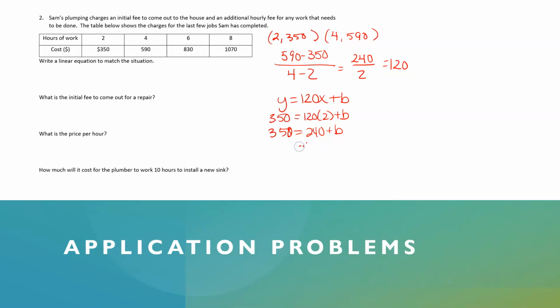If I subtract 240 from both sides, I end up with b equals 110. Here's the equation: y equals 120x plus 110.